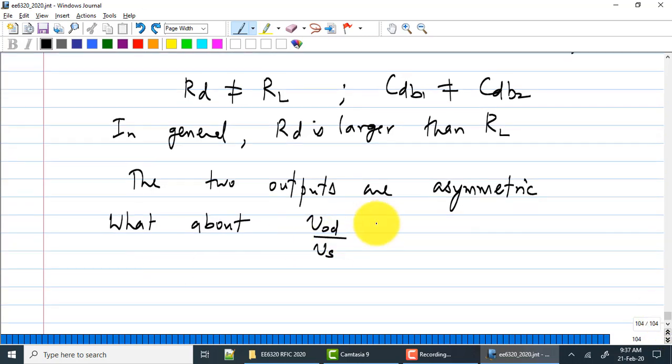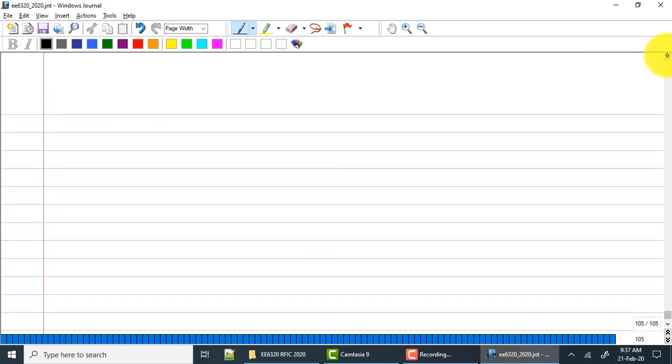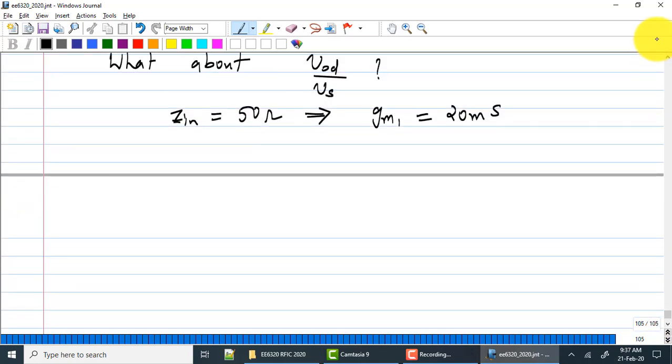Zin is 50 ohms. What does this mean? So GM1 has to be chosen to be equal to 20 millisiemens. Agreed? By the way, because you are trying to build a broadband LNA, you have the same constraints on the common gate stage also.